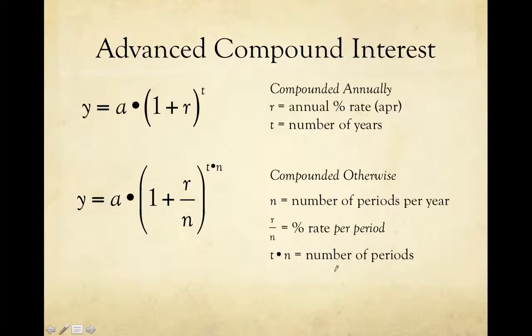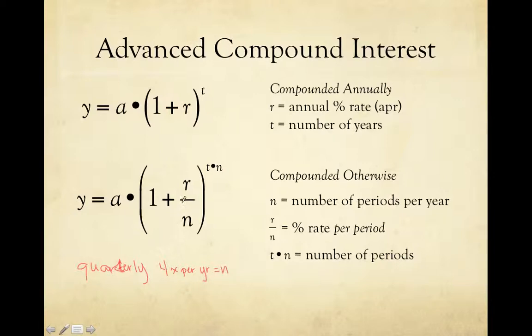So for example, if I wanted to compound quarterly, let me try that again. Okay, quarterly means 4 times per year. And so 4 is going to become my n.